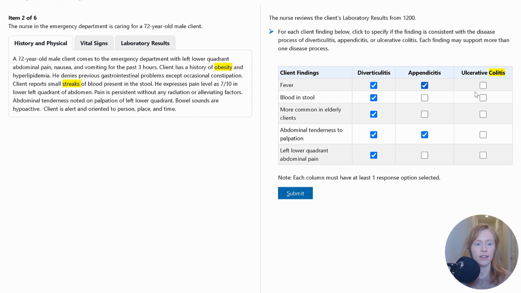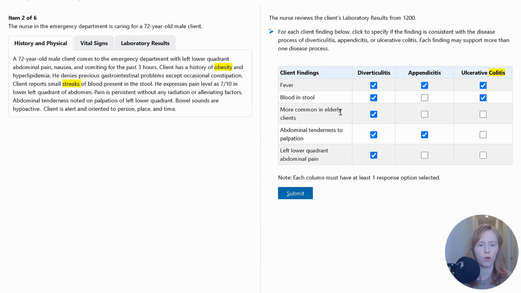So yes, it's an inflammatory process, and we're going to see fever, especially during an acute flare of ulcerative colitis. Blood in the stool, same idea. It's damaging those vessels locally by ulcerating into the intestinal wall, and we are going to see blood. In fact, a lot of blood. And then being more common in elderly clients. This shows up as being most problematic in pretty much people under 30, young adults, adolescents.